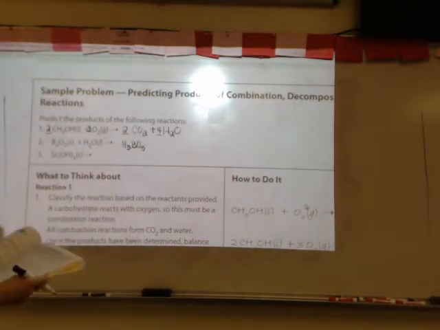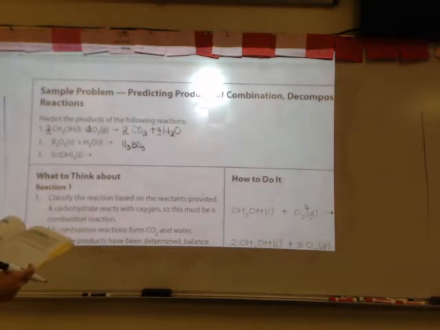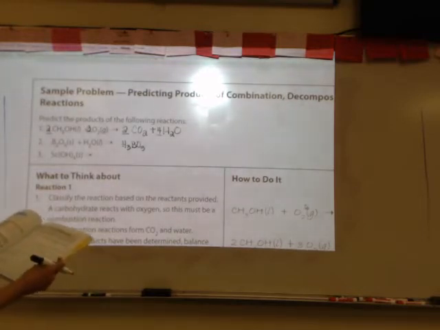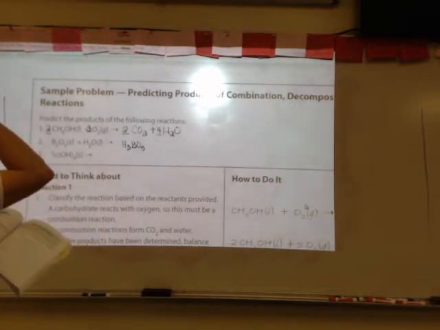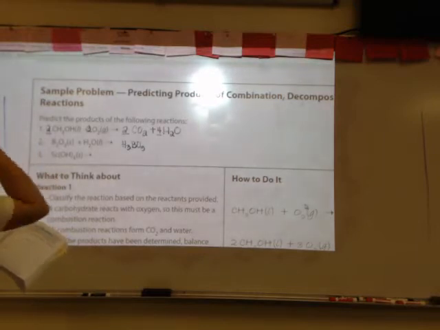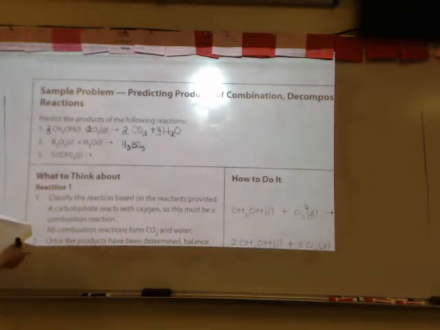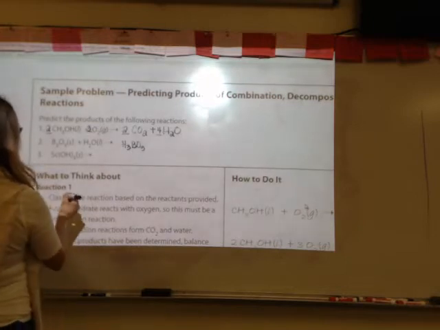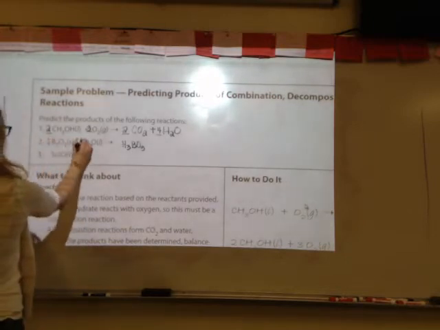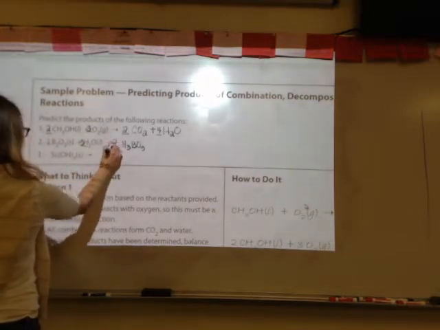Now, I would not expect you to know how to predict the acid that is being formed in this case. BO3 with a charge of -3 is borate, and borate, when it combines with hydrogen, is H3BO3, so this is boric acid. And if I were to ask you to balance this, your coefficients would be 1, 3, and 2.